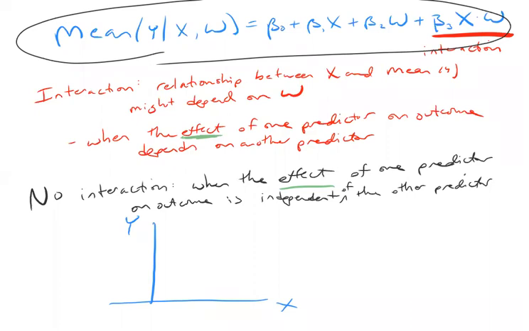If you do not have an interaction, if I do this with no interaction allowed, then my linear regression equation is the mean of y given x and w is equal to some number plus some number times x plus some number times w.